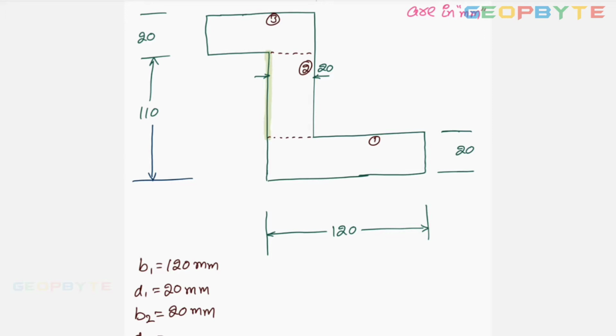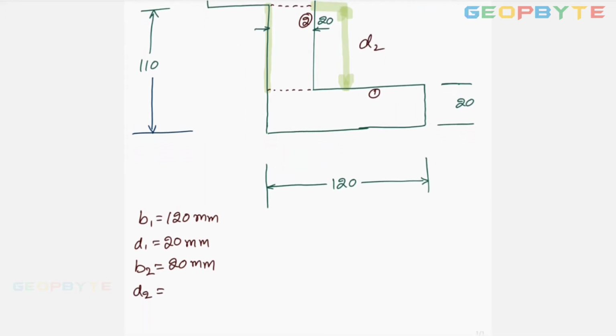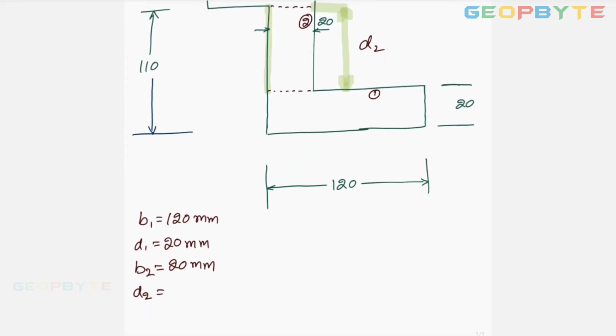This is the depth for section 2, that is D2. D2 equals 110 minus 20, which is equal to 90 mm.